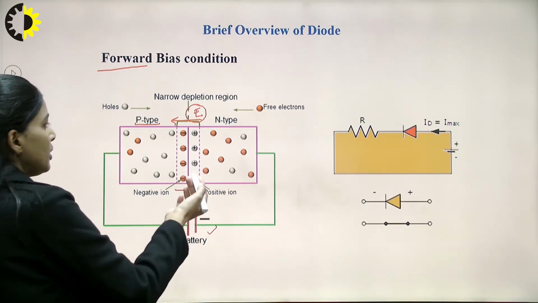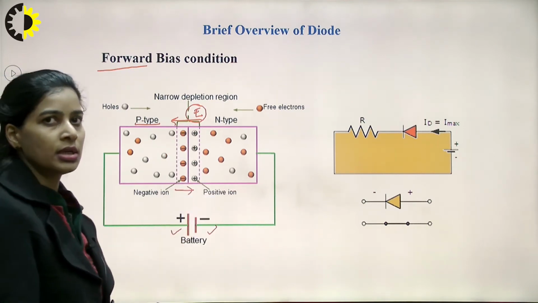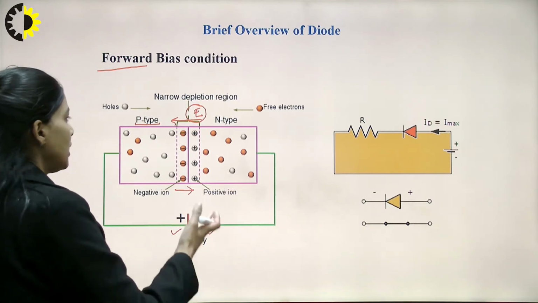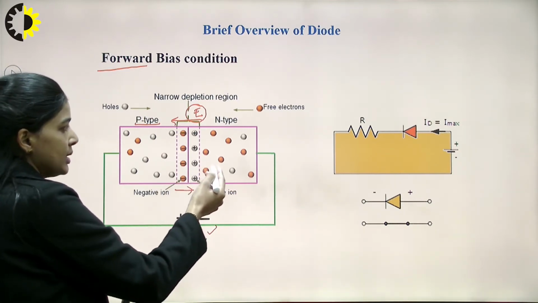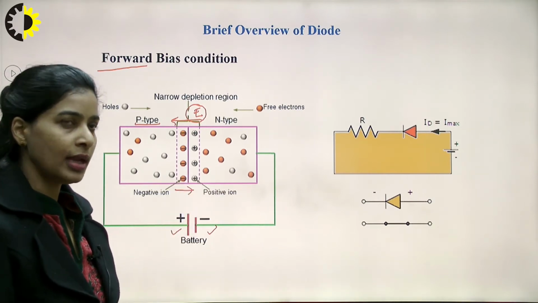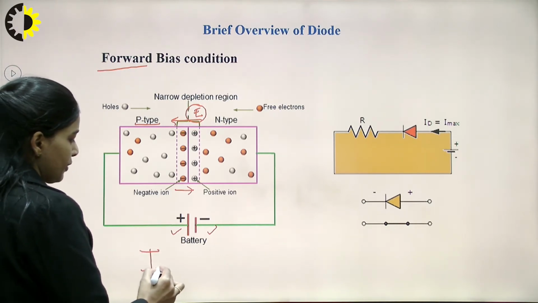With the reduction in the field, there will be thinning of the depletion region, and now more charge carriers start moving from P side to N side and N side to P side due to the effect of the electric field, and that contributes to the drift current.